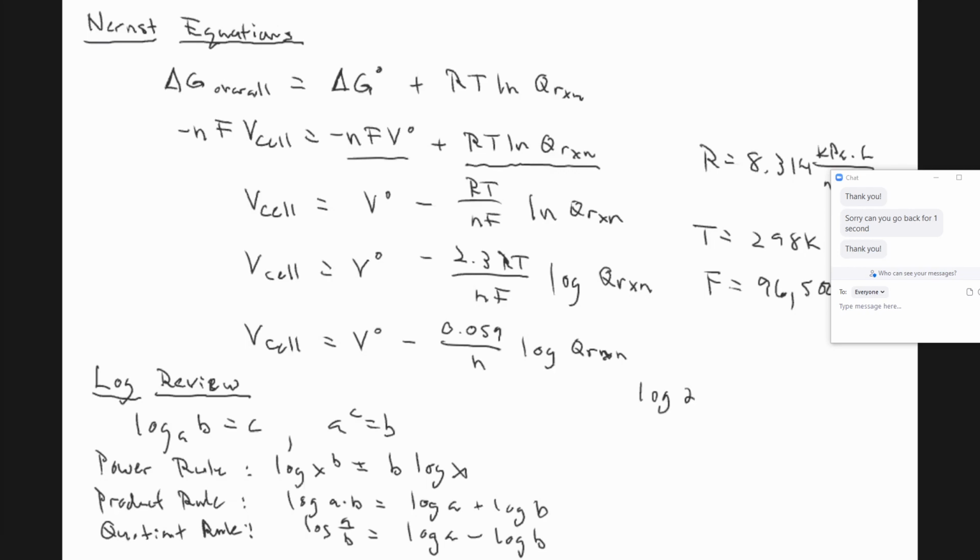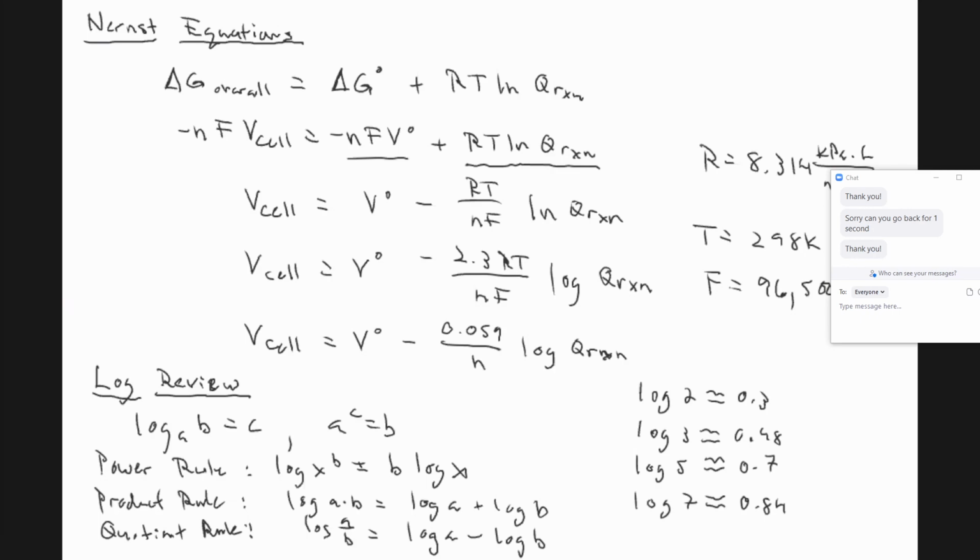Log of 2 is 0.3. Log of 3 is 0.48. Sorry, not 0.5. To be exact, it's 0.48. Log of 5 is 0.7. Log of 7 is 0.84.